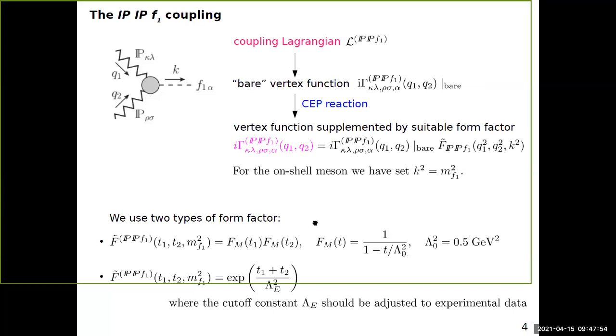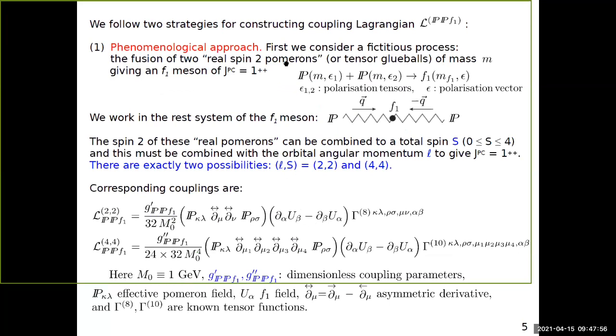So we follow two strategies for constructing the coupling Lagrangian. First is the phenomenological approach. In this approach, we first consider a fictitious process, the fusion of two real spin 2 Pomerons.